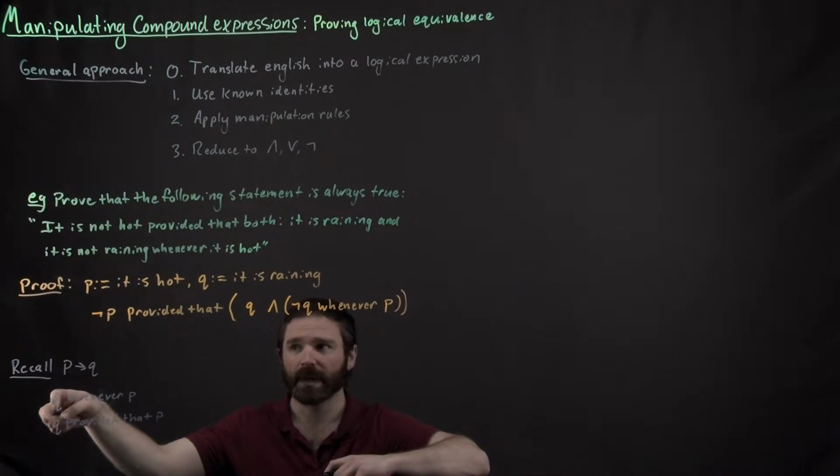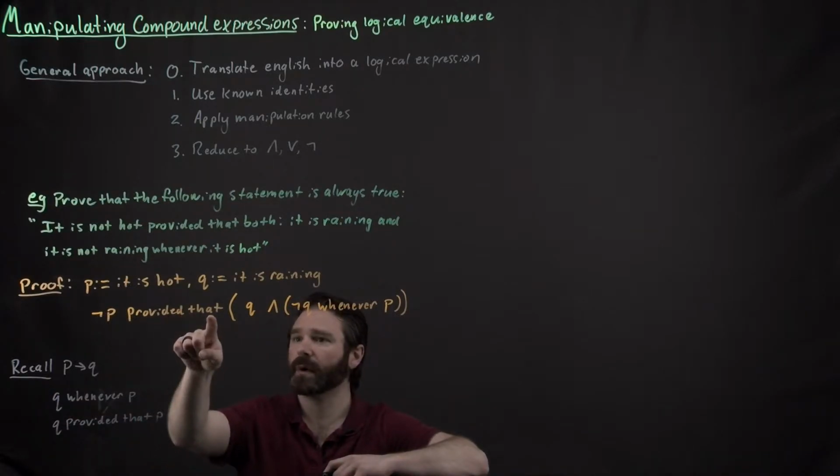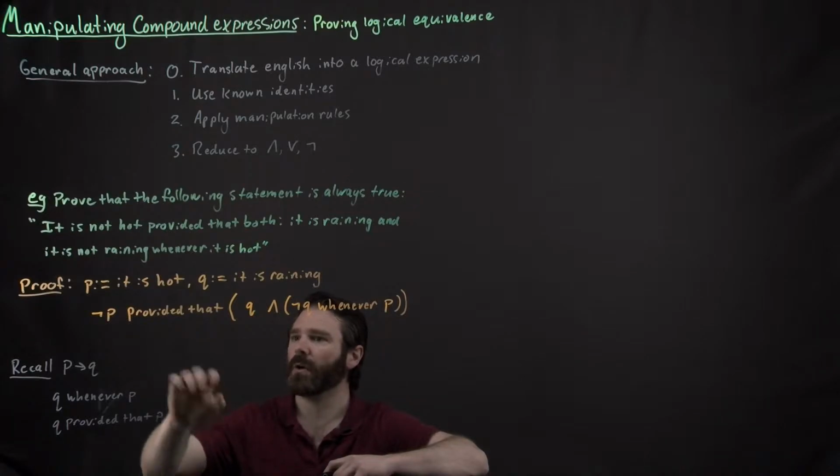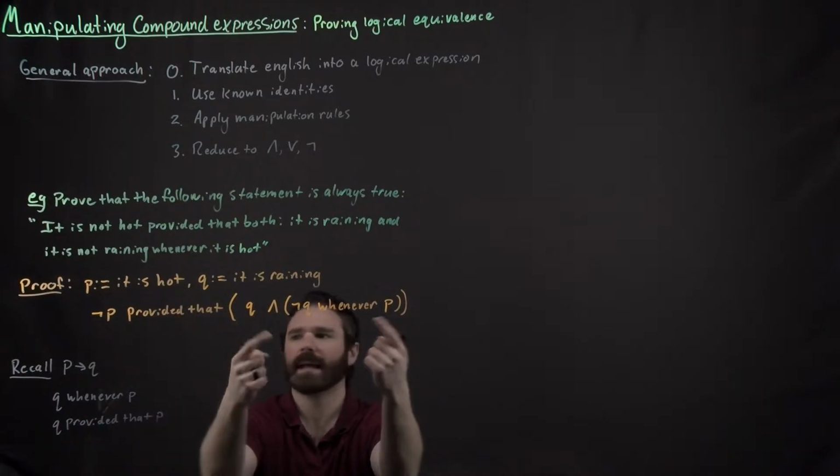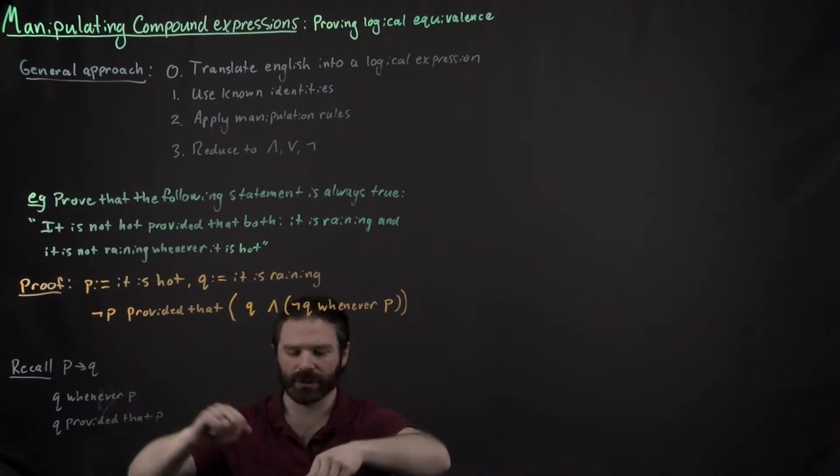So I have one of those keywords right here, so I know that this is an implication where that part is a hypothesis and that part is the conclusion over here.